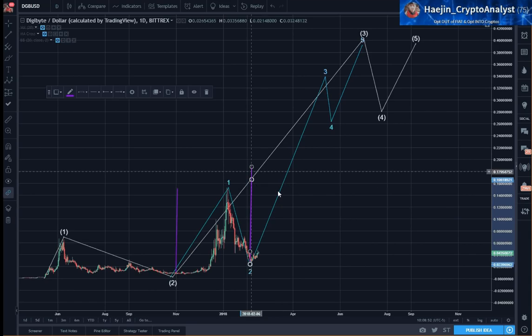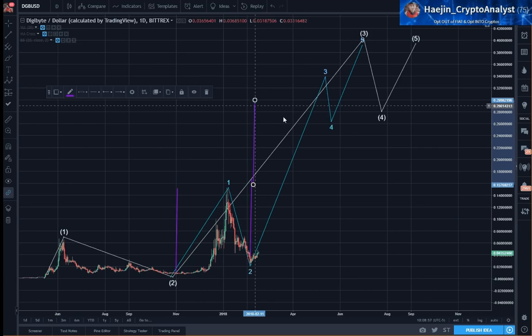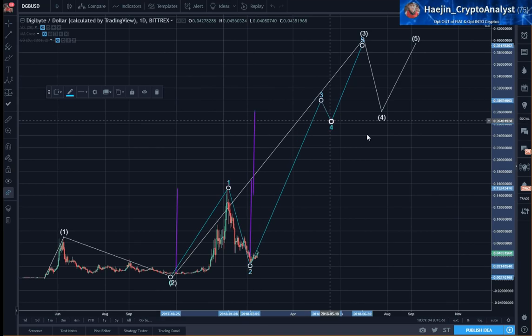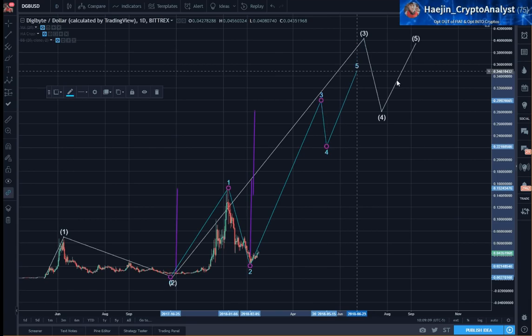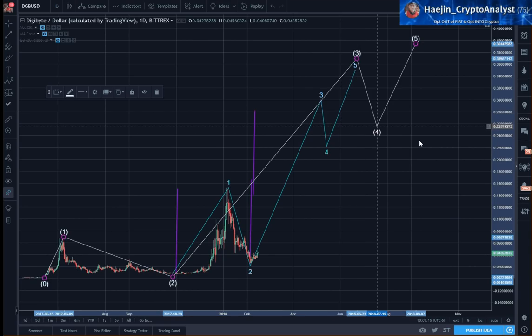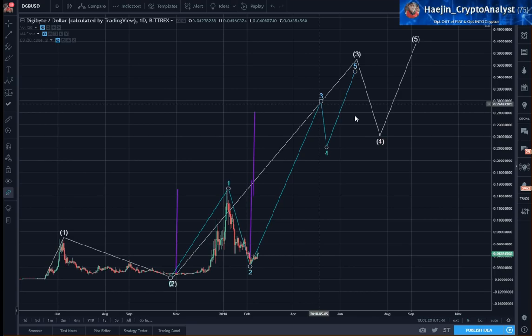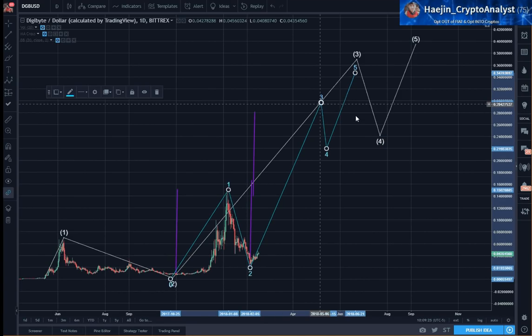Copy and paste that. So I take the height of 1, 1.618 is a 3 of 3.